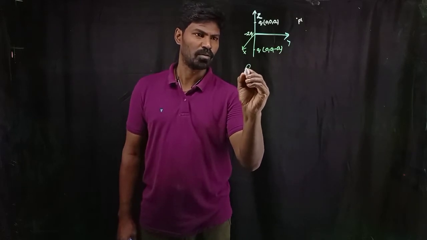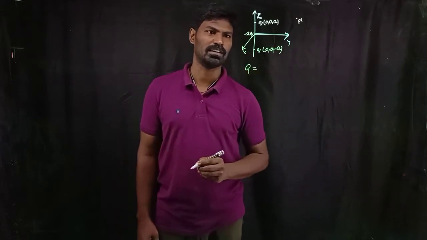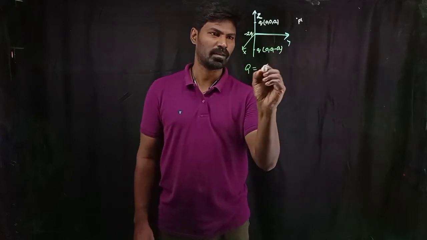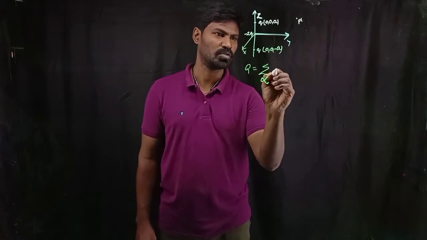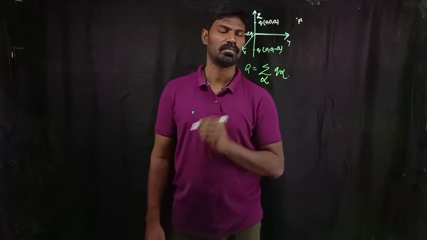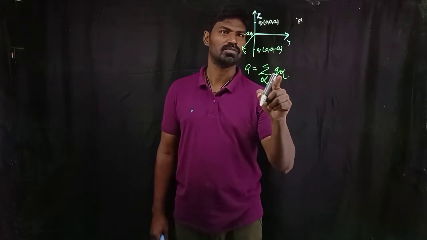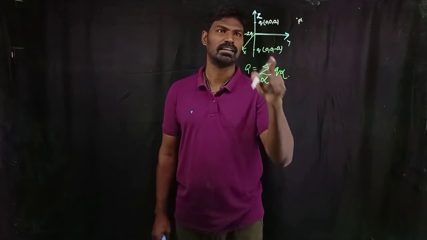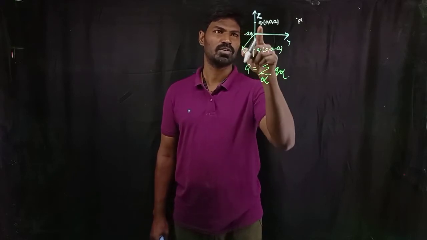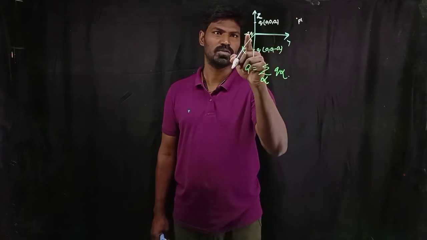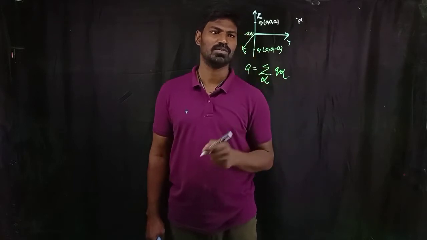The expression for monopole moment Q is the summation over alpha of Q alpha. What is alpha here? Alpha is the index related to the charge. When alpha is equal to 1, Q1; when alpha is 2, Q2; when alpha is 3, Q3.